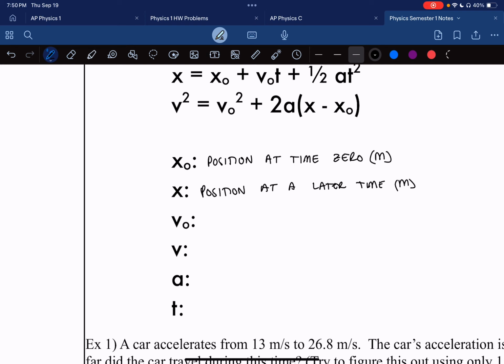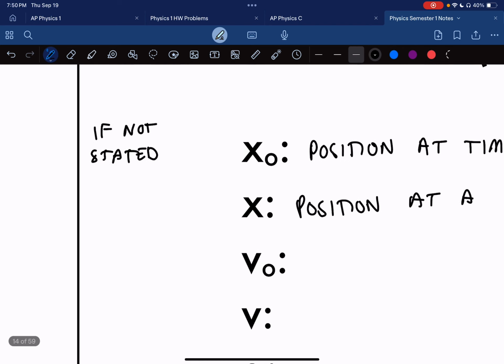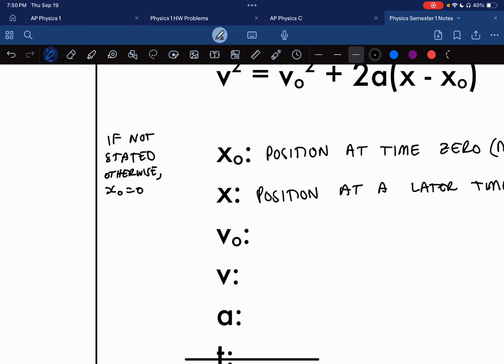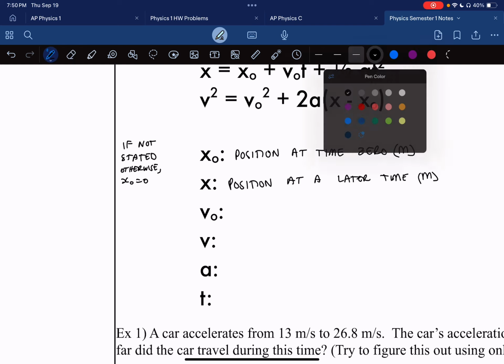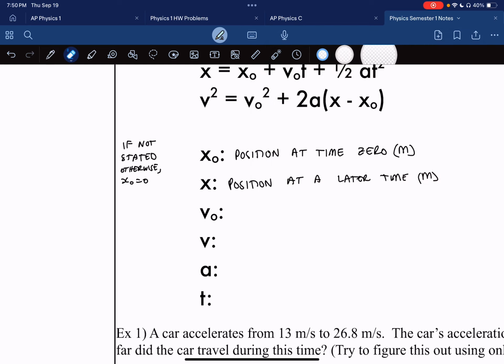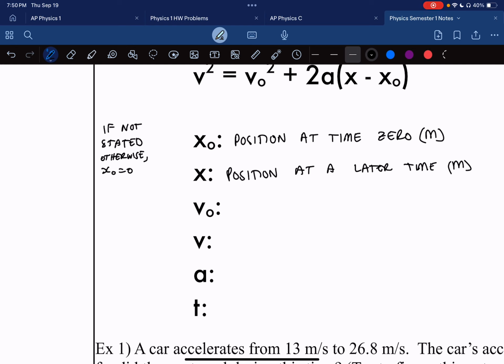I'm going to put this here: if not stated otherwise, X naught will be equal to 0. If we say the starting position is 2 or something like that, then it's 2. But if we don't say it, we'll just make it 0. It just makes it easy. And that's the only variable you can do that for. You cannot just say something else is 0 because it wasn't stated. So that one's very special.